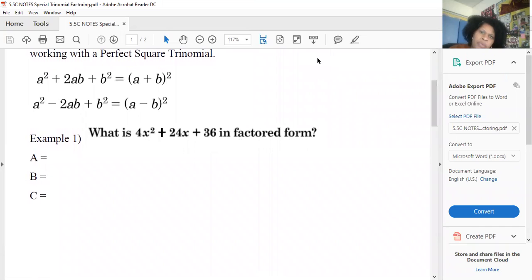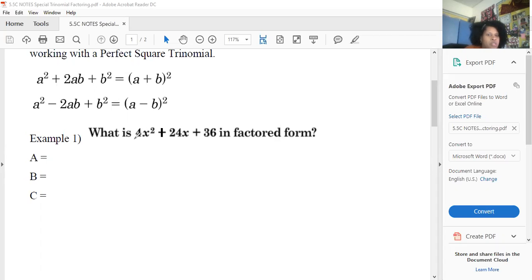We're going to start with example 1. Anytime you factor, no matter what rule or what type of problem you have, you always want to check to see if the trinomial has a GCF. If I look at 4, 24, and 36, they all have a 4 in common.